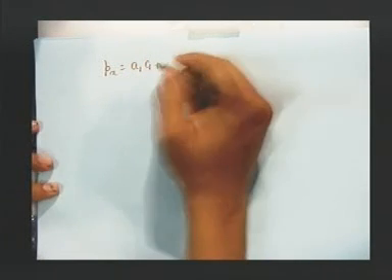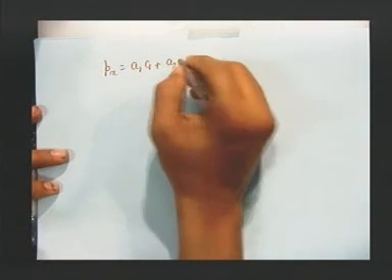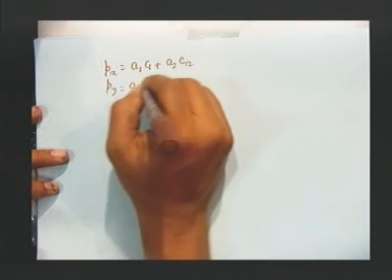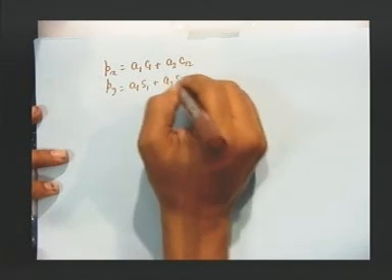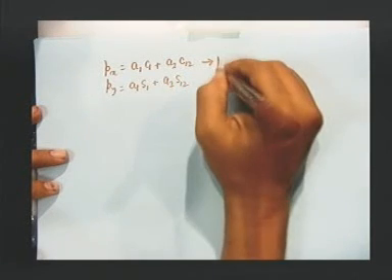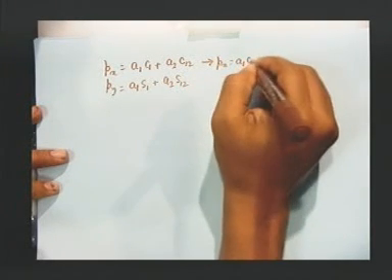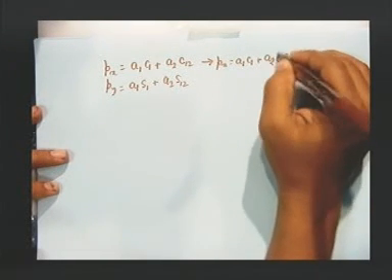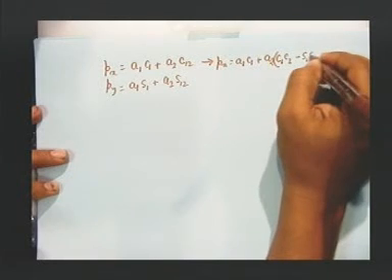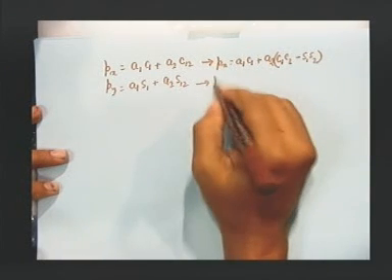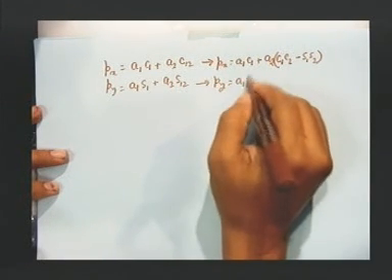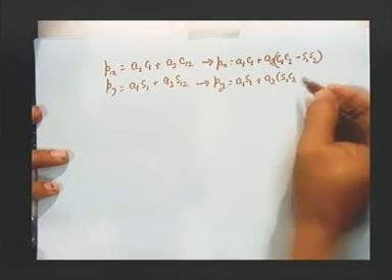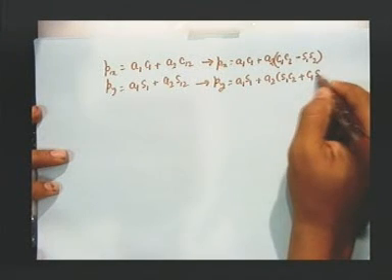So, Px is A1 cos theta 1 plus A2 cos of theta 1 plus theta 2, and Py is A1 sin theta 1 plus A2 sin of theta 1 plus theta 2. So, this will become Px equal to A1 cos theta 1 plus A2 times cos theta 1 cos theta 2 minus sin theta 1 sin theta 2, and this will become Py equal to A1 sin theta 1 plus A2 times sin theta 1 cos theta 2 plus cos theta 1 sin theta 2.